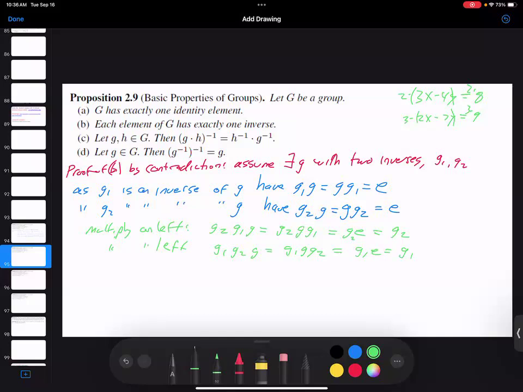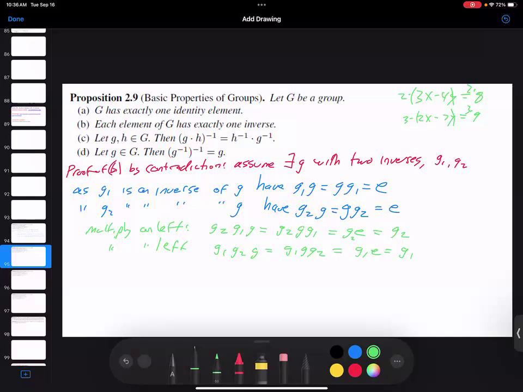Do we have the same expression? We have G2 G1. Do we ever have another G2 G1 G? No. We have a G2 G G1. Do we ever have that again? No. So this didn't work. Multiplying both on the left didn't work.